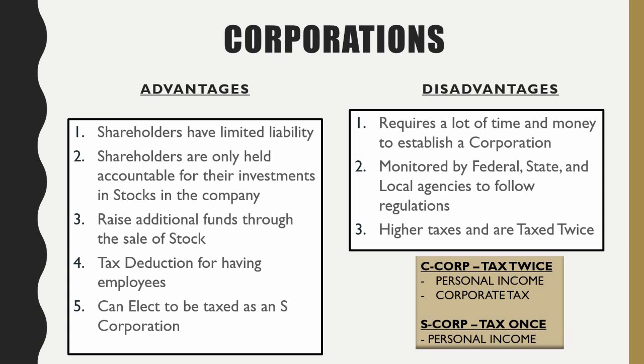Now again, number 3, to raise additional funds is pretty easy for them, right? All they need to do is release more sales of stock. Depending on what corporation they are, if their business is retail, of course that's their main funding.